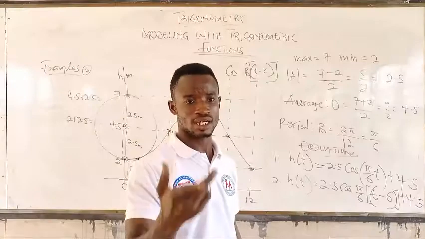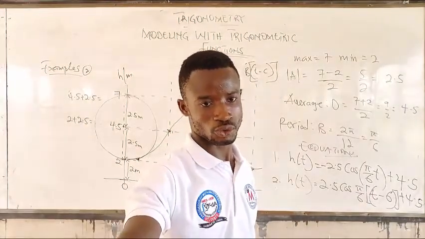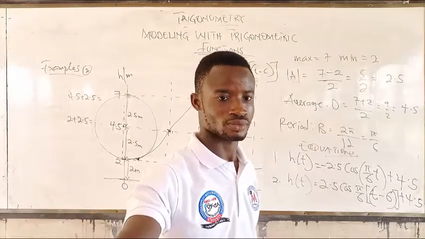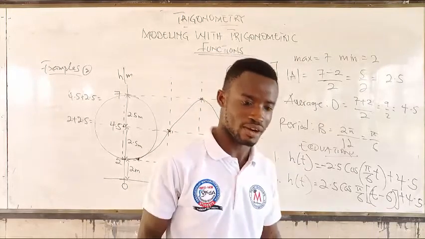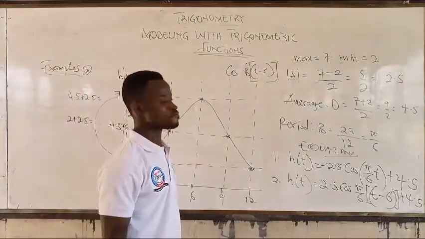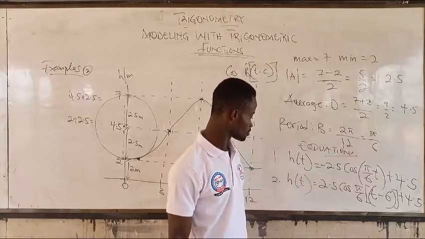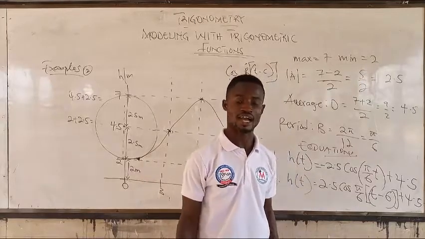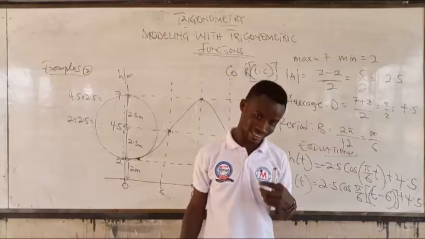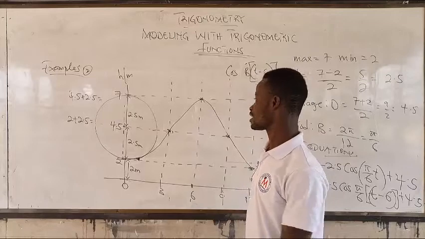Now, let's see if we can write some for sine also. Let's go for sine. So for cos, we can get 1 and 2, and for sine also, we can get some. Let's look at it.